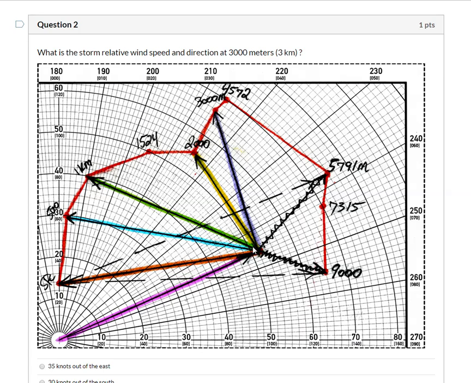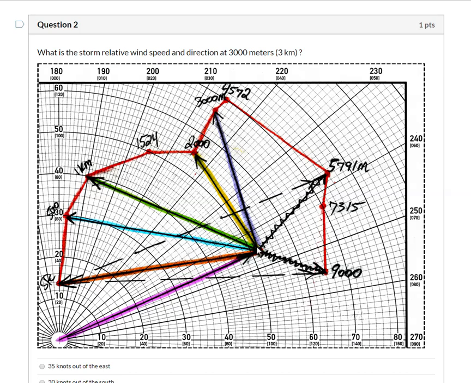From the storm motion dot, go back to the hodograph. See how these arrows are pointing back to the hodograph? And connect them. For instance, this is the 1 kilometer storm relative wind vector. 500 meters, blue. Surface storm relative inflow, aka storm relative wind at the surface, vector in orange.